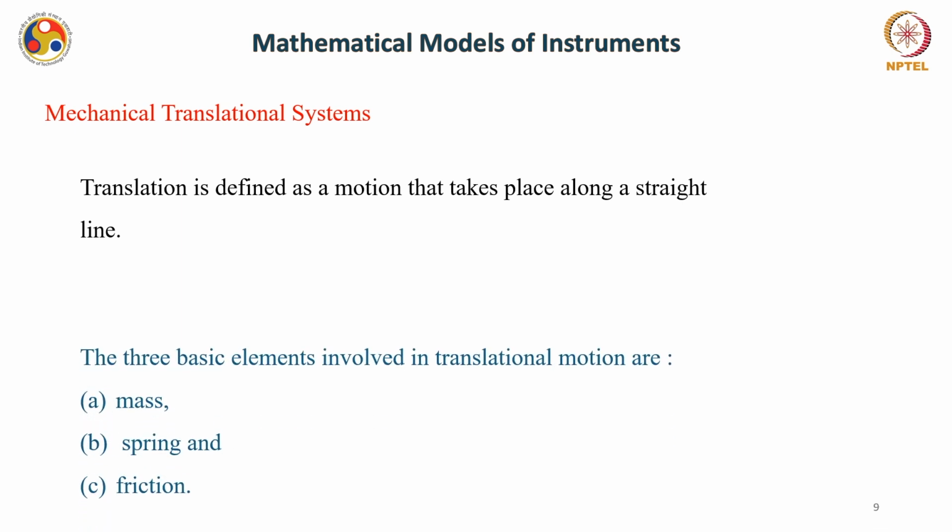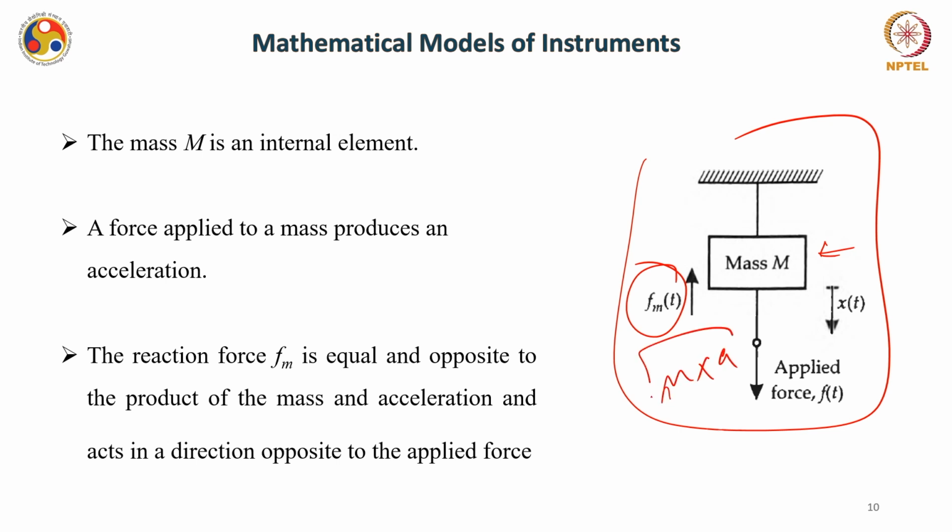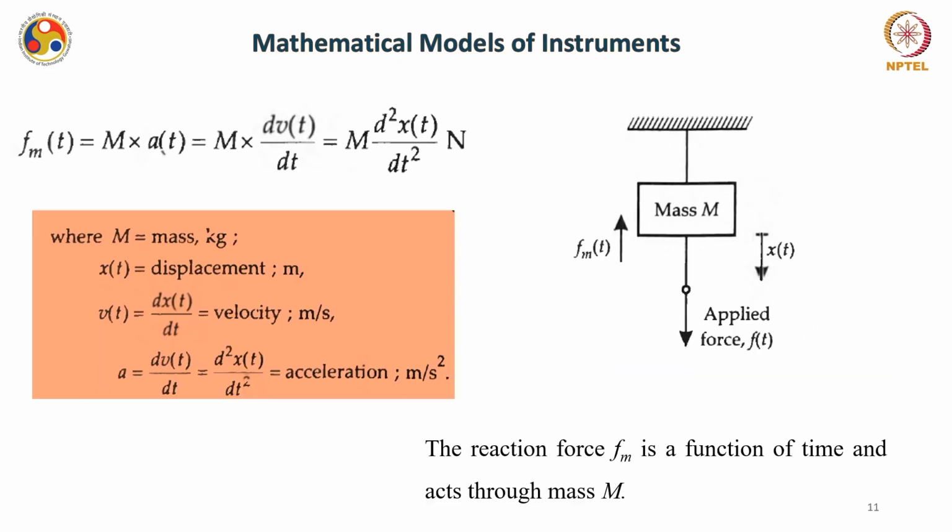The three basic elements in a fundamental translational motion are mass, spring and friction, for example, in this case, right. The mass m, for example, is an internal element of this system, okay. A force applied to a mass produces a certain acceleration, okay. Now the reaction force, this Fm, is equal and opposite to the product of the mass and acceleration, by the simple equation m cross a, and acts in just the opposite direction of the applied force, okay.